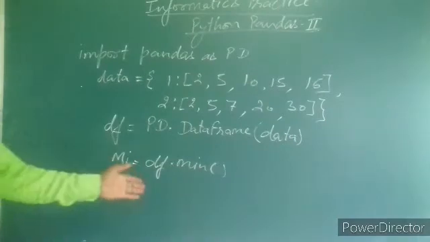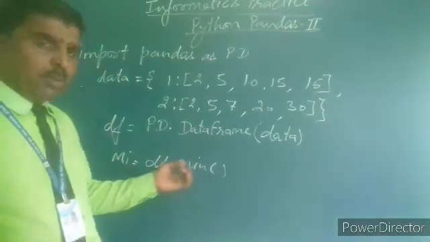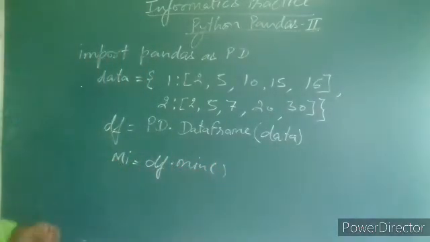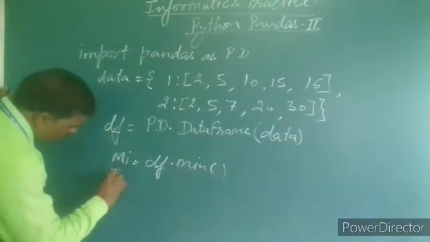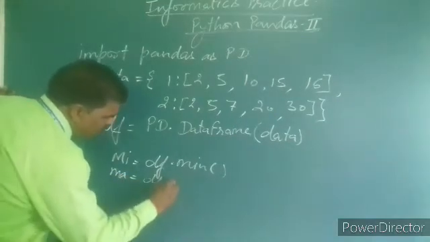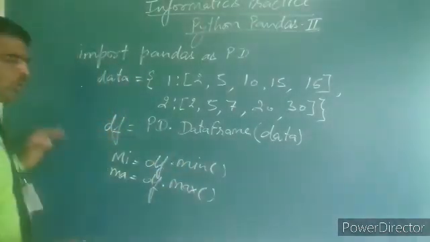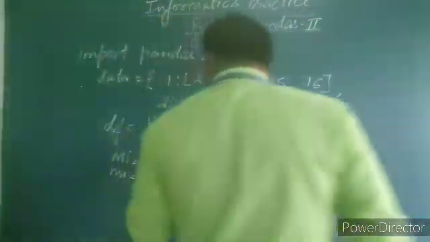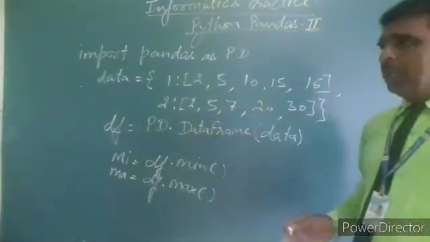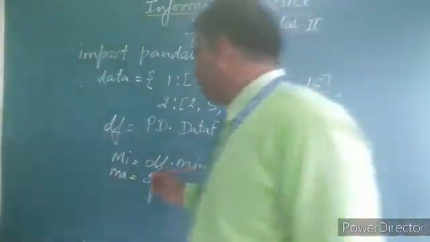If you are taking this, it means by using the min method, the minimum value will be stored in mi. If we want to store ma equals to df dot max, this value can also be stored in ma. Actually, within these variables, we are storing the data.